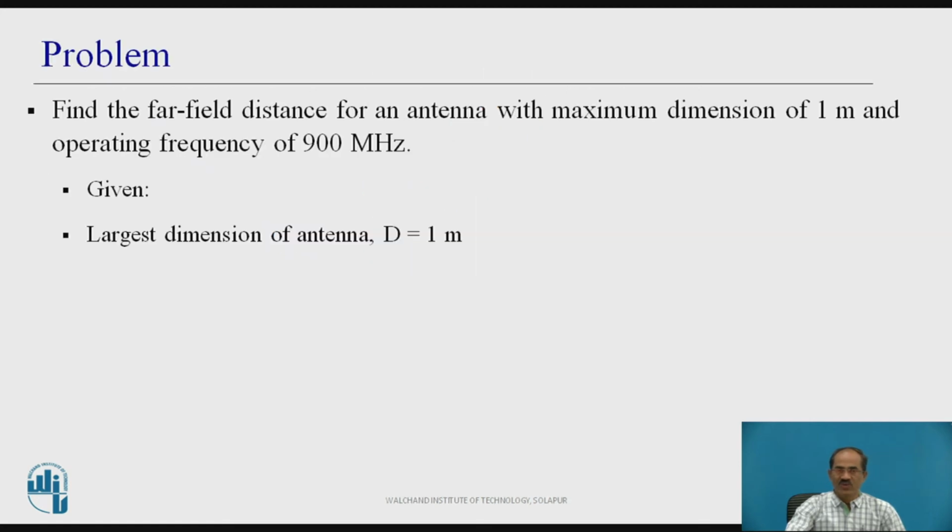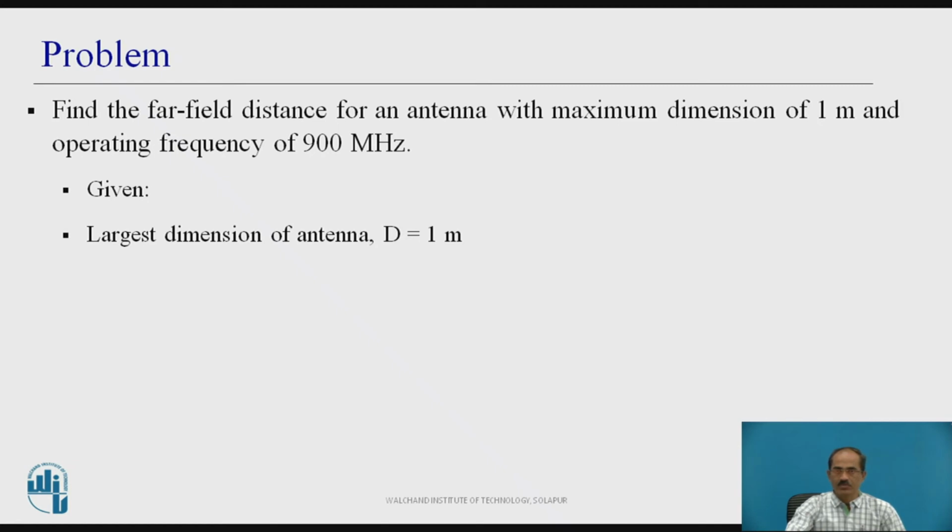Problem: find the far field distance for an antenna with maximum dimension of 1 meter and operating frequency of 900 MHz. What are the given things here? Largest dimension of the antenna D equal to 1 meter, operating frequency equal to 900 MHz, and we know lambda is equal to c by f.